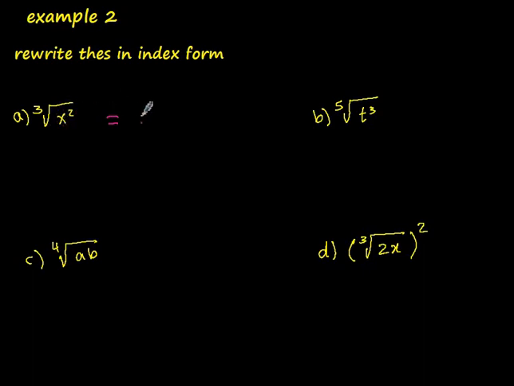Here we have the base to be x, and we have a fraction, and as I told you, the degree of the root is the denominator, and the power of the variable will be the numerator, so it will be x to the power of 2 over 3. B, we have t to the power of something over something. So the denominator will be 5 and the numerator will be 3. So it will be t to the power of 3 over 5.